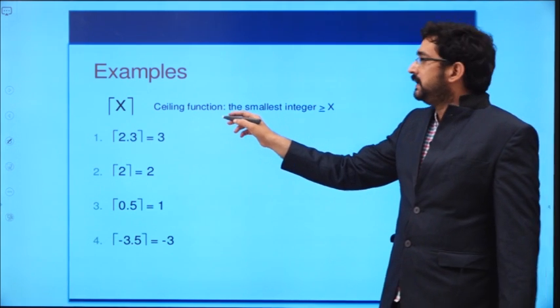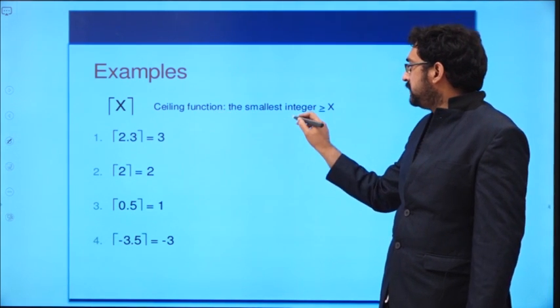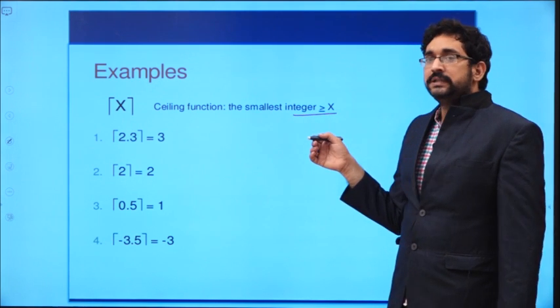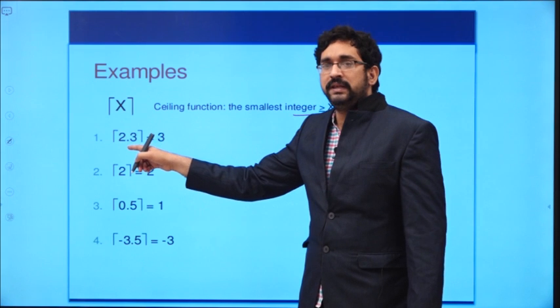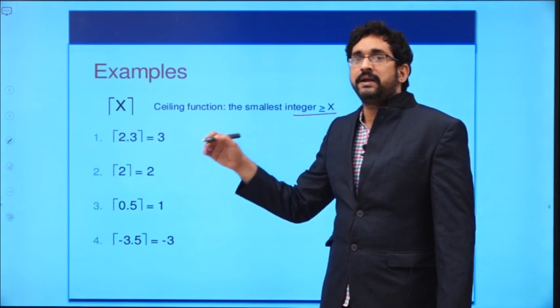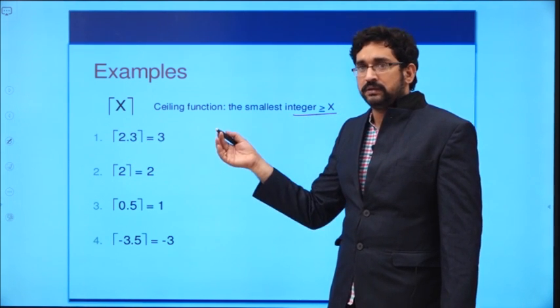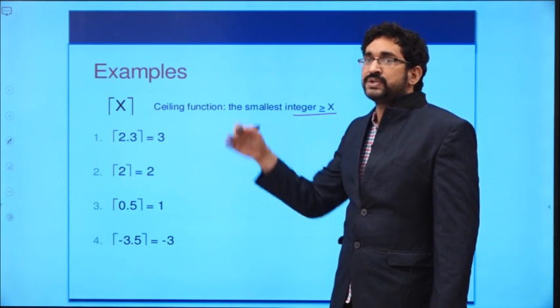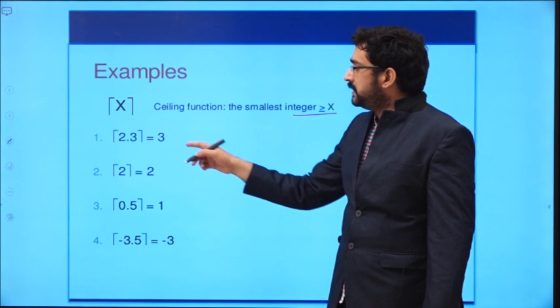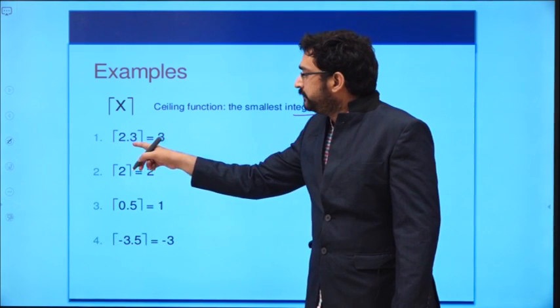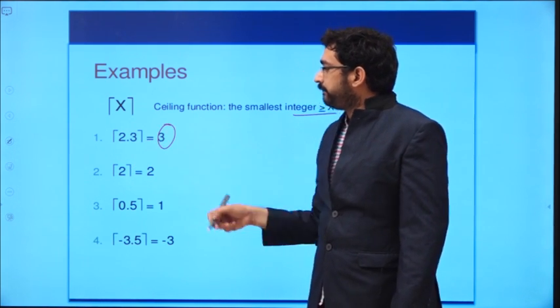For example, here ceil of 2.3. What are the integers greater than 2.3? 3, 4, 5 and so on. Among all the integers, 3 is the least. Hence, ceil of 2.3 will be 3.